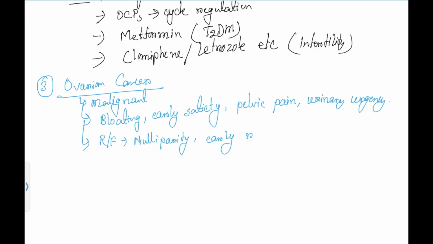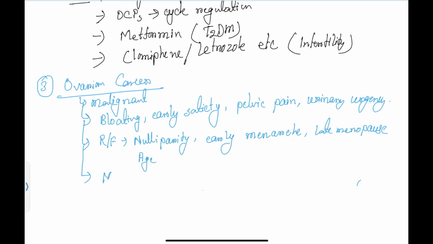Then early menarche, early menstruation; the first menstrual event in a female body is called menarche. If a female has precocious puberty or early menarche, with first menstruation occurring earlier than usual, that is a risk factor. Then late menopause, the last menstruation of the female, if it happens late, can also be a risk factor. Age also can be a risk factor.